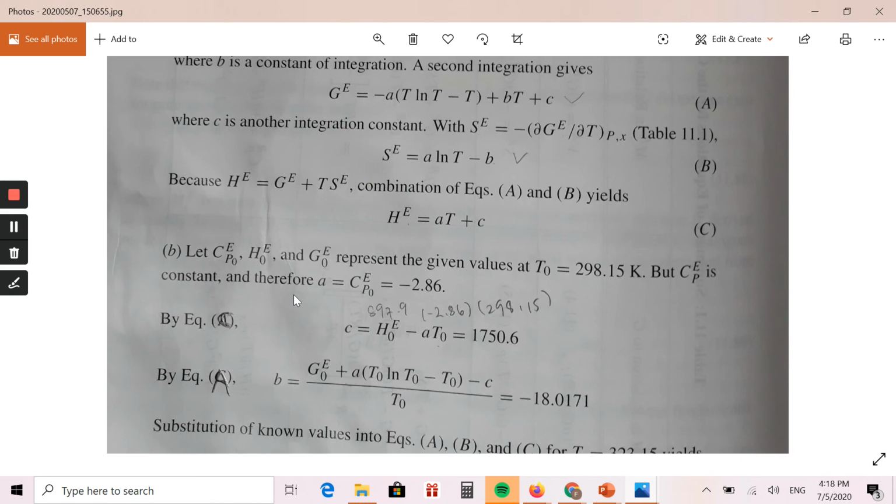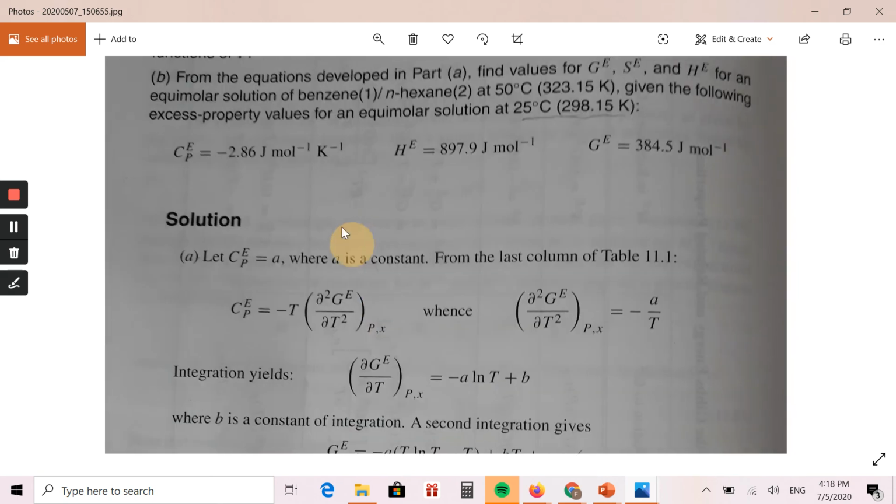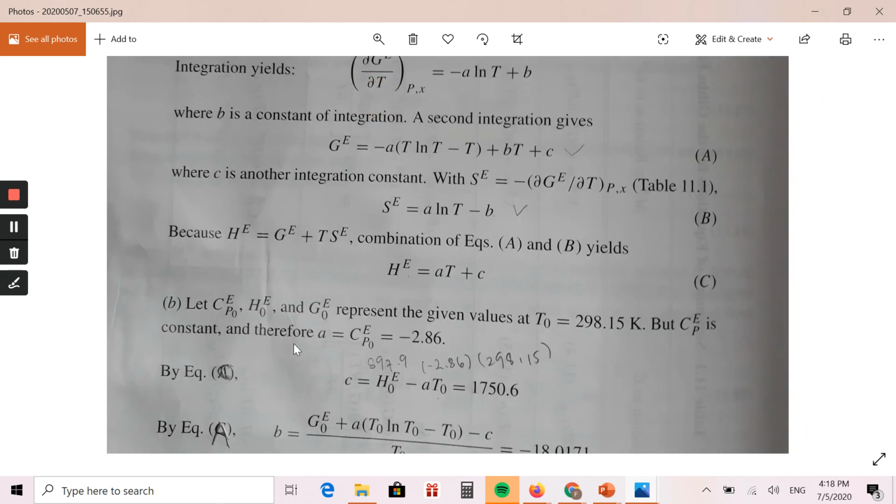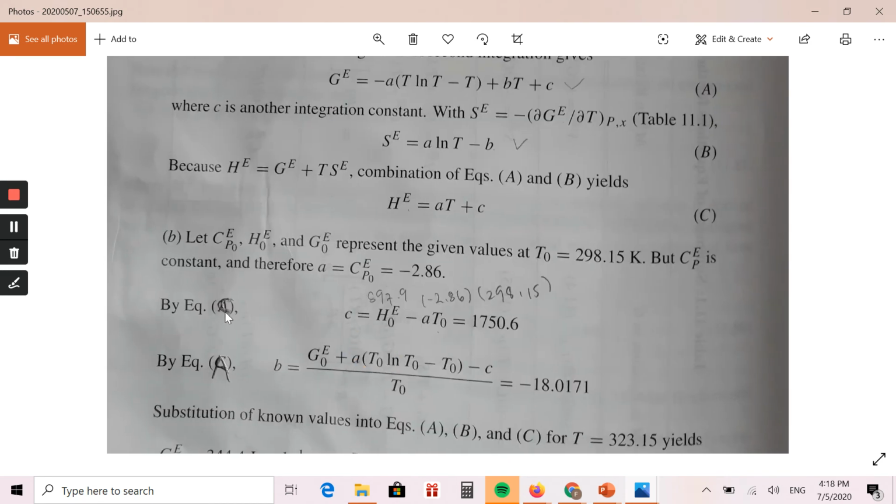Okay, and we know that Cp is constant, independent of T. So whatever the temperature is, even if the temperature increases, it doesn't change. And you have A equal to this, which is given right here, 2.86 joule per mole.